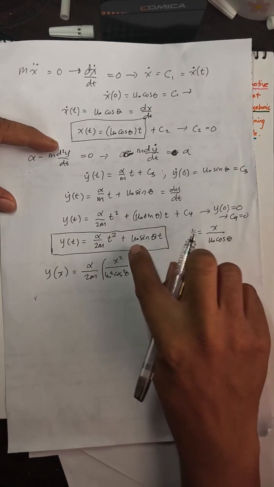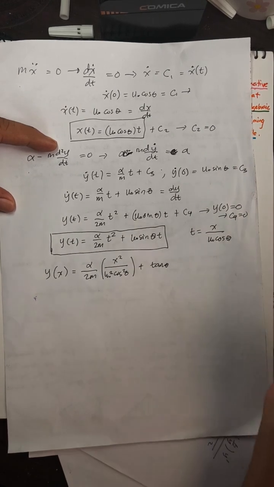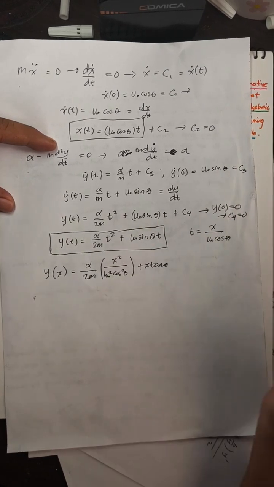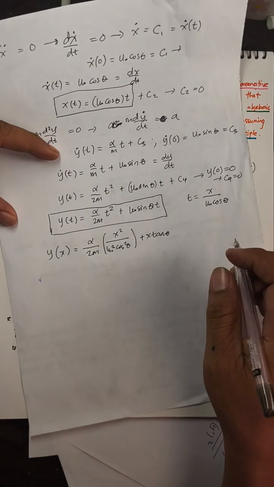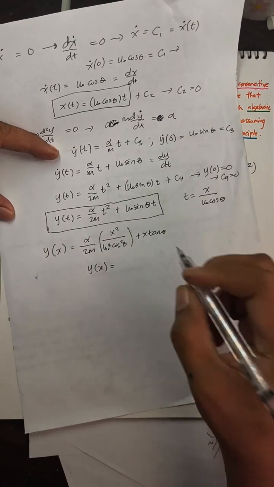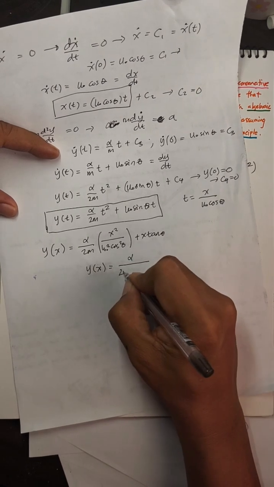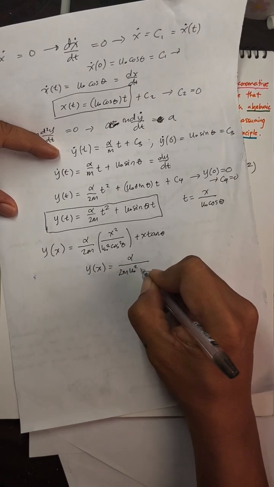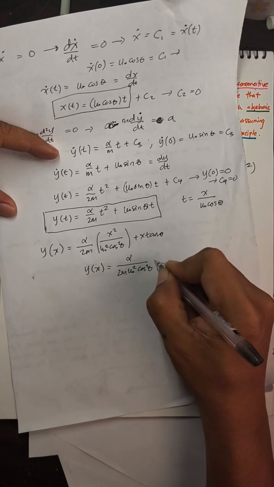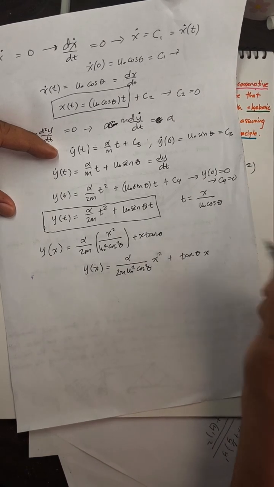The u naught will cancel. Sine over cosine is tangent theta. This is x tangent theta. So our equation now, y of x, our algebraic form, would be equal to alpha over 2m u naught squared cosine squared theta x squared plus tangent theta x.